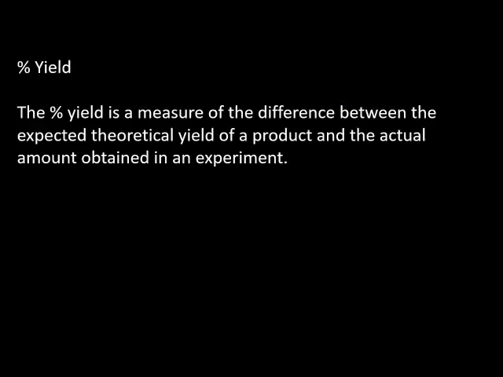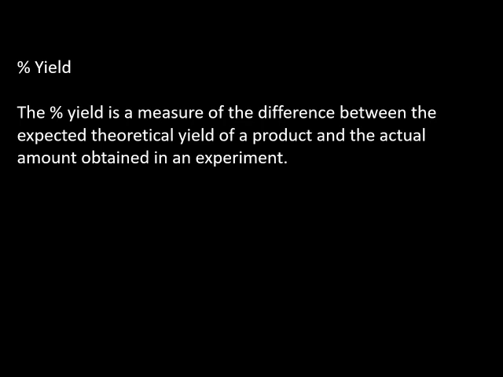Today's lesson is on percent yield. This has to do with the products that you get when you carry out a chemical reaction. Quite often we carry out a chemical reaction and try to recover the product, usually by some method like filtration, if it's a double displacement reaction or something like that.